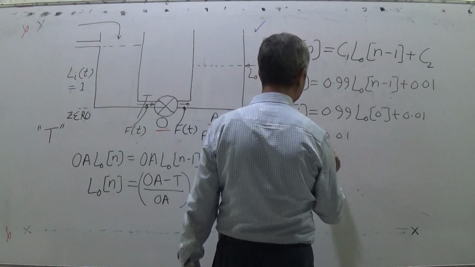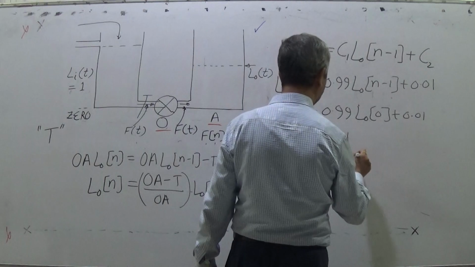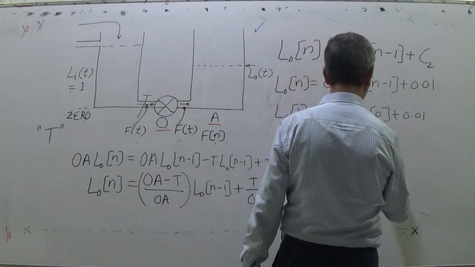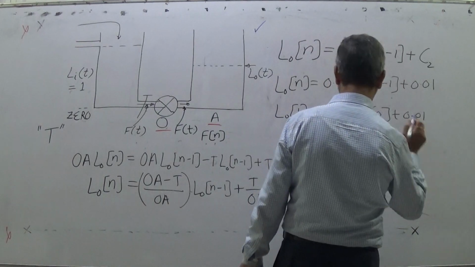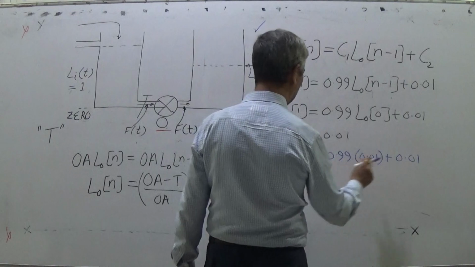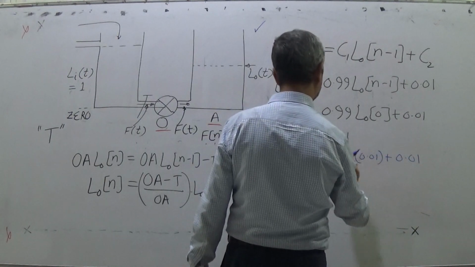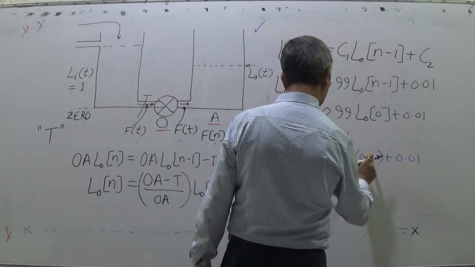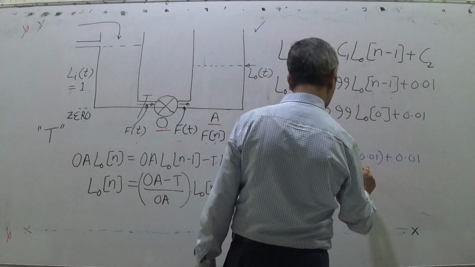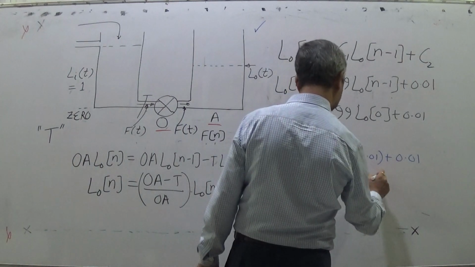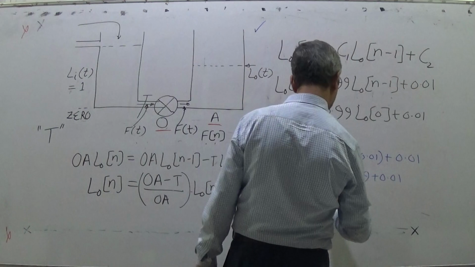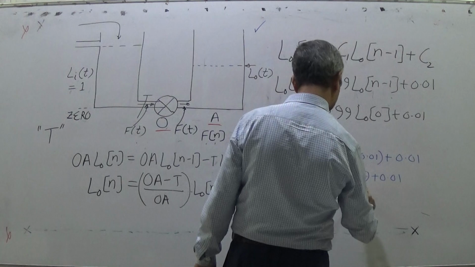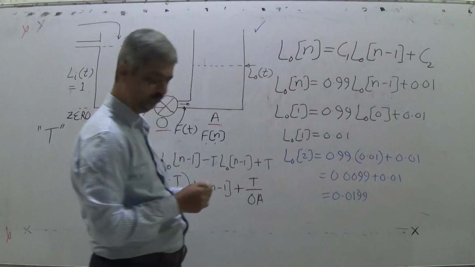LO2 is 0.99 into LO1, that is 0.01, plus 0.01. So that is equal to 0.0099 plus 0.01, that is 0.0199, LO2.